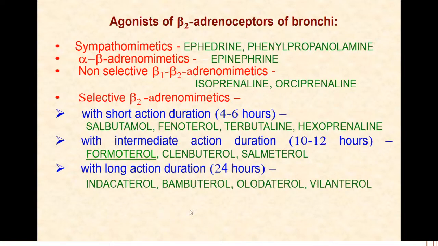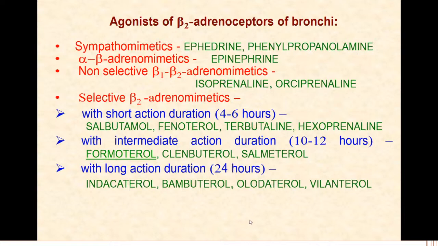And also in high doses, these drugs can penetrate through the hematoencephalic barrier, and the agents possess activating influence on the CNS. That's why we should use 1 or 2 inhalations, 1 or 2 puffs only. So isoprenaline or seprenaline, no need to forget, because we can use them in bronchial asthma accompanied by bradycardia or AV block.